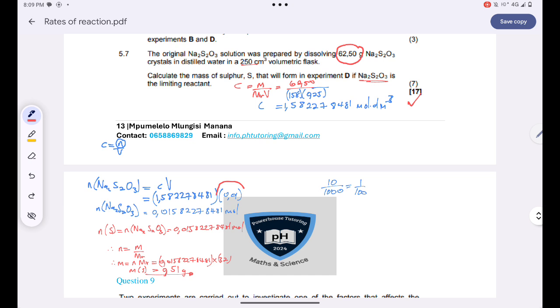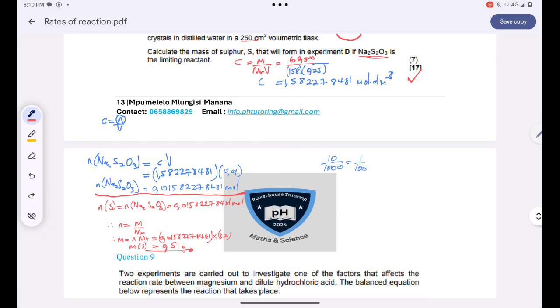And the volume in reaction D was simply 10 cubic centimeters, which I converted to cubic decimeters. Then I found the number of moles of my sodium thiosulfate, and since the ratio is just 1:1, the number of moles of sulfur that will be produced will be the same as the number of moles of sodium thiosulfate that will be used. After finding the number of moles for sulfur, I can simply calculate the mass, and I simply got 0.51 grams.